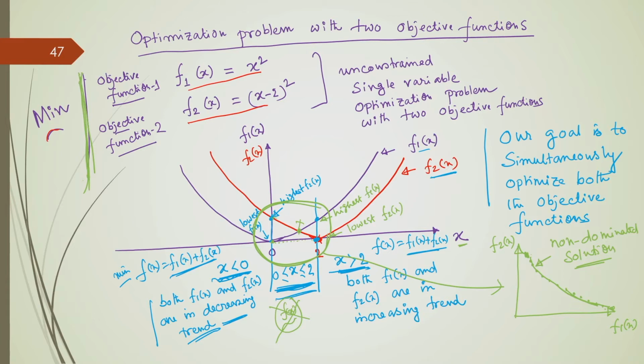So, this is the goal of a multi objective optimization problem, instead of aggregating these objectives together like this, because it is not possible to have aggregated objectives when we have two objective functions of different trend, which behave differently and conflict with each other. Okay. And we have different approaches for solving multi objective optimization problems.